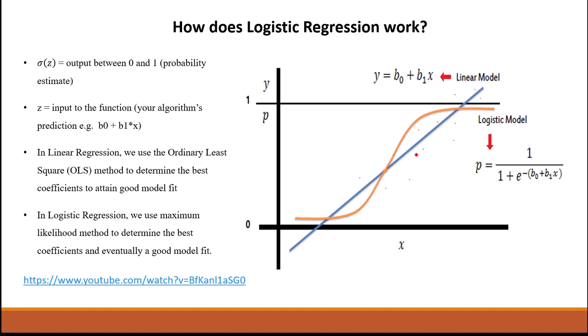I told you that we project each of these points to our candidate linear line, and then calculate these differences, and the sum of the squares of these differences should be minimized in order to find the best model. So we use the ordinary least squares method in linear regression. However, in logistic regression, we use the maximum likelihood method to determine the best coefficients and eventually a good model fit.